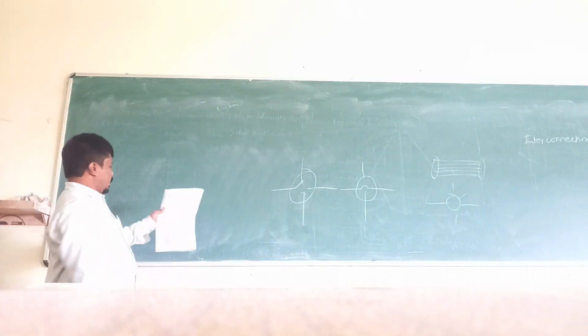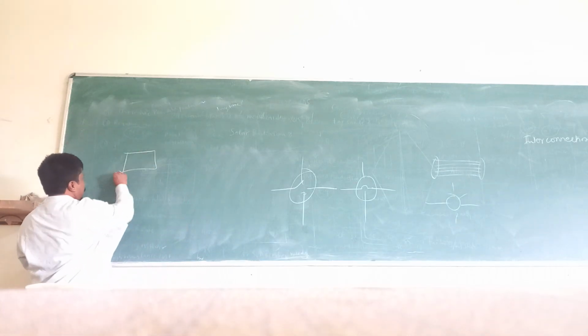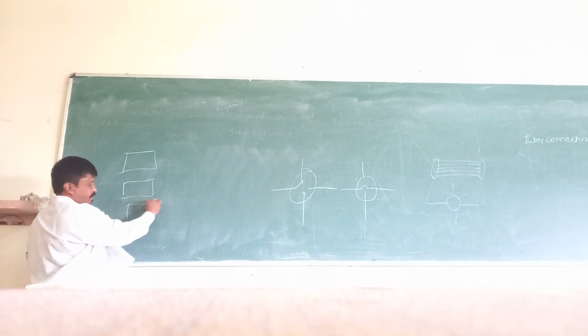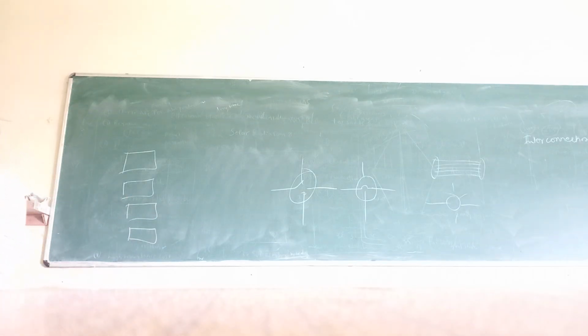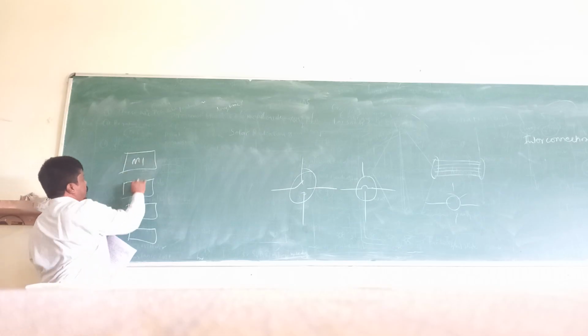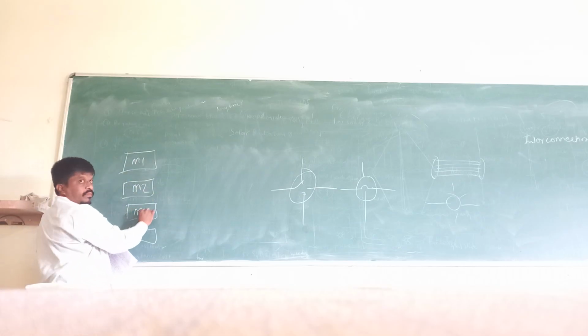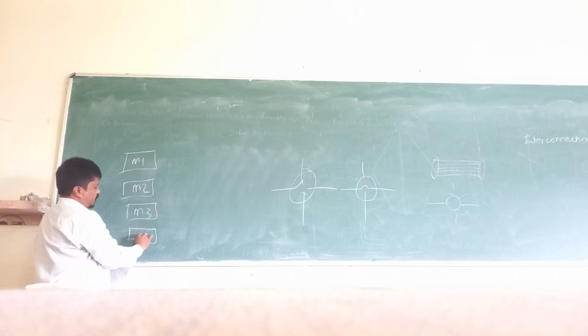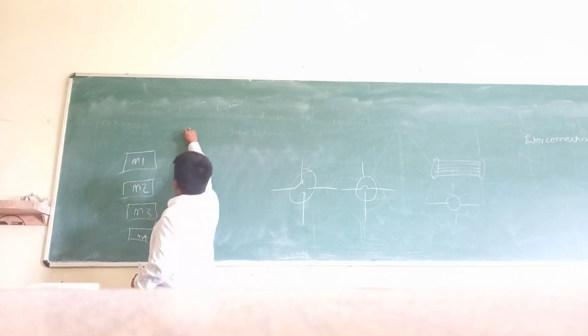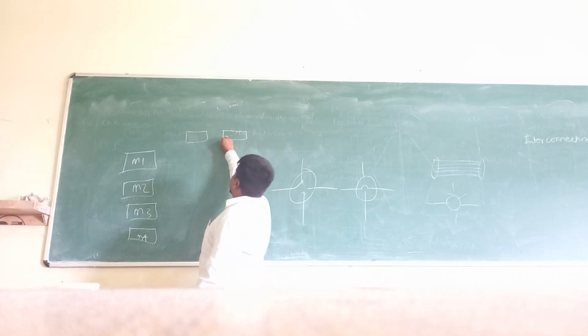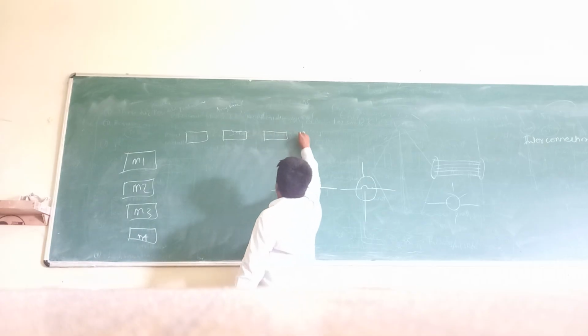The example for this switch is memory 1, memory 2. Even the processors can be connected with each other in parallel with the help of the switches.